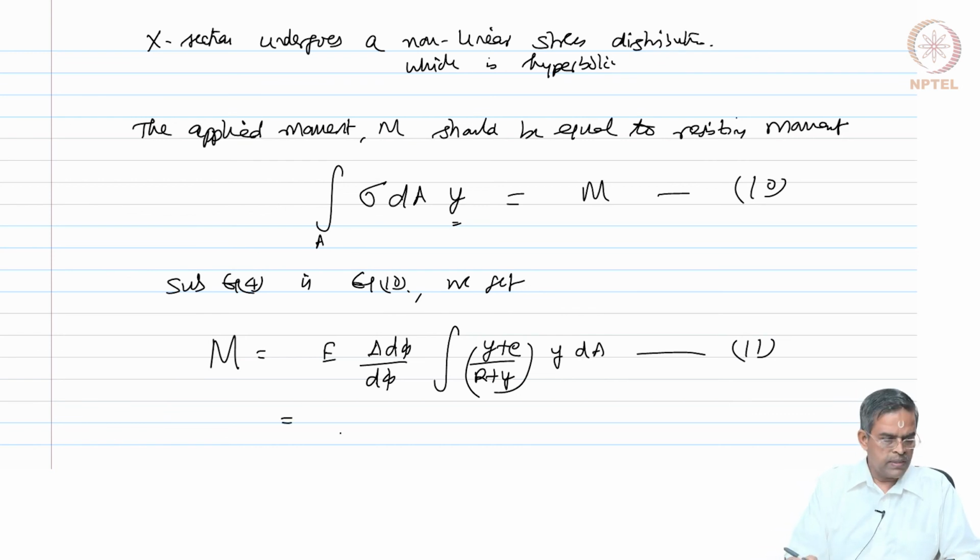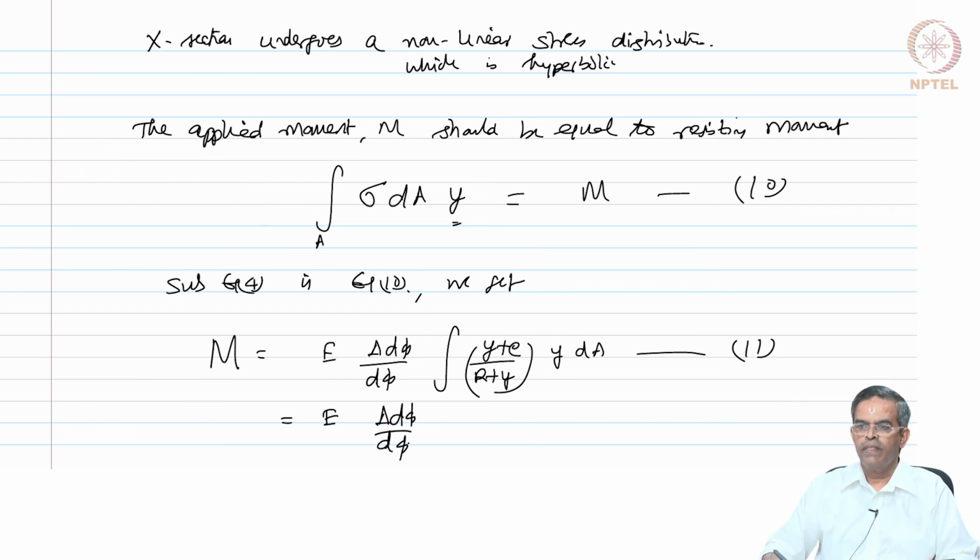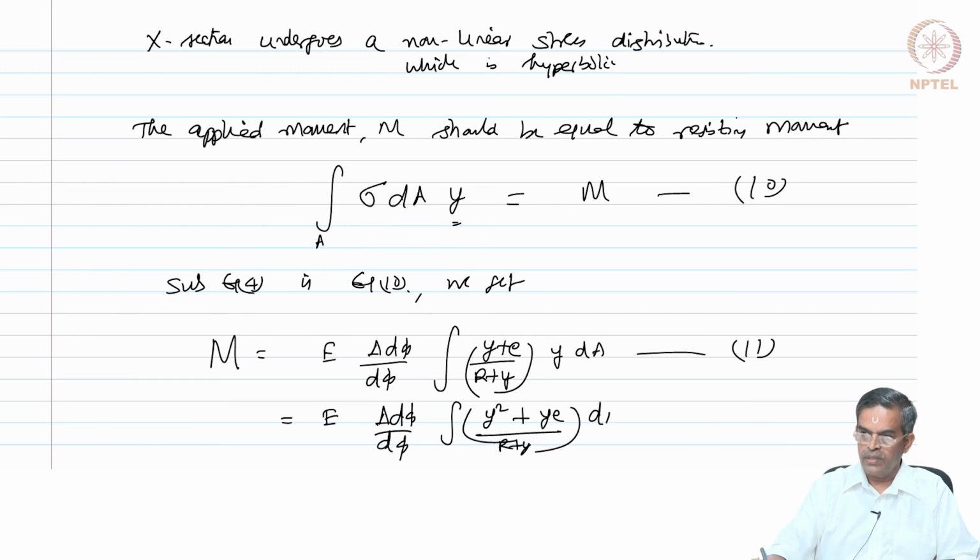which can be now written as E times of del d phi by d phi integral y square plus y E by r plus y of dA. We will call this equation 11a. Okay.